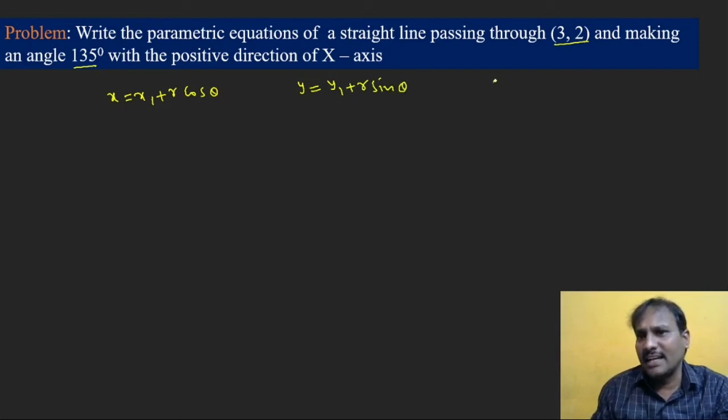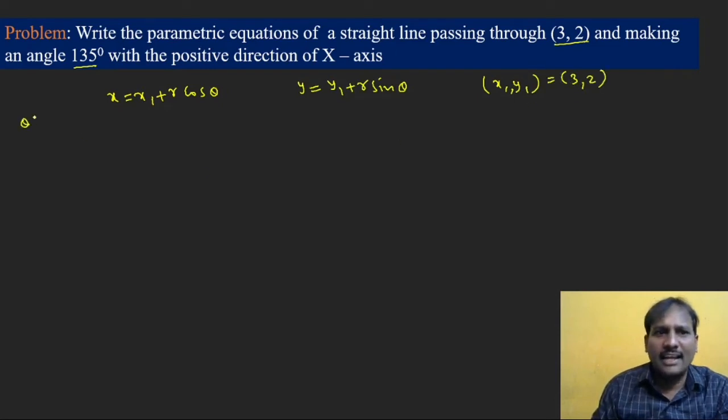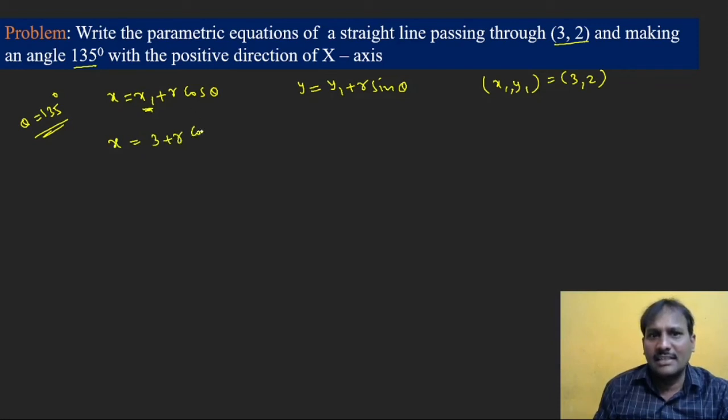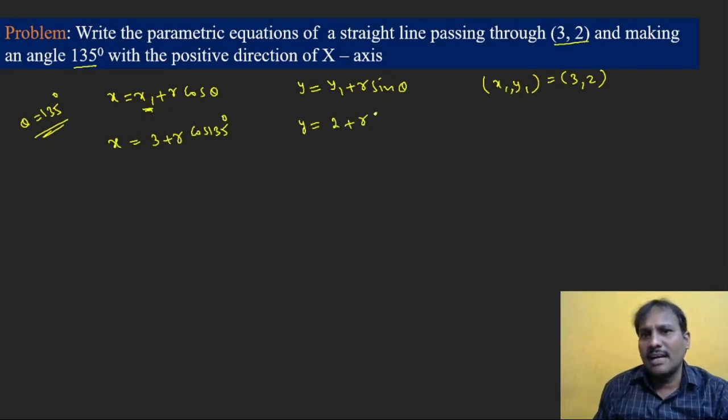Here (x1, y1) is (3, 2), and the angle theta is 135 degrees. Therefore, x is equal to 3 plus r cos 135 degrees, and y is equal to 2 plus r sin 135 degrees.